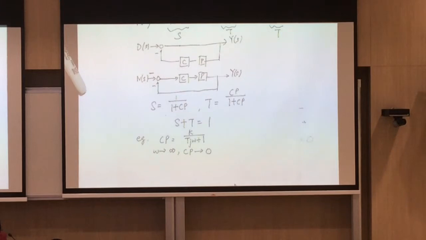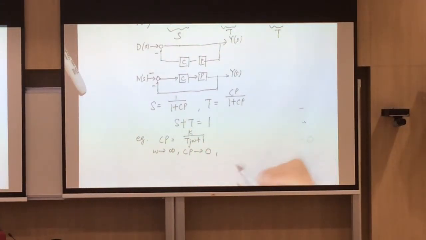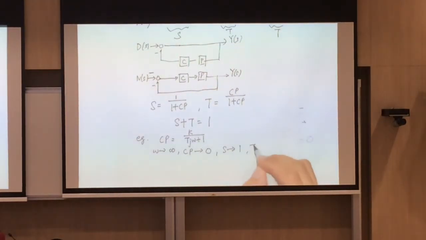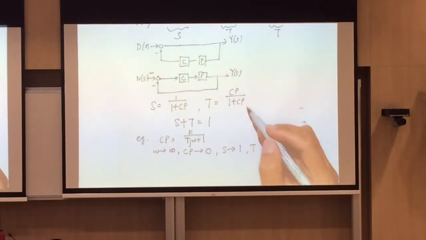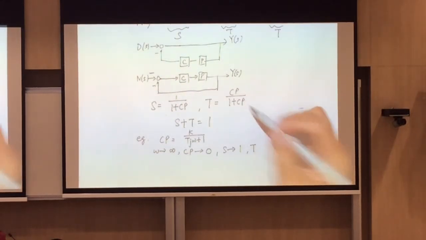How about S? CP tends to 0, so 1 over 1 plus 0. S tends to 1. How about T? 0 over 1, 0. Omega tends to infinity, CP tends to 0, so 0 over 1.